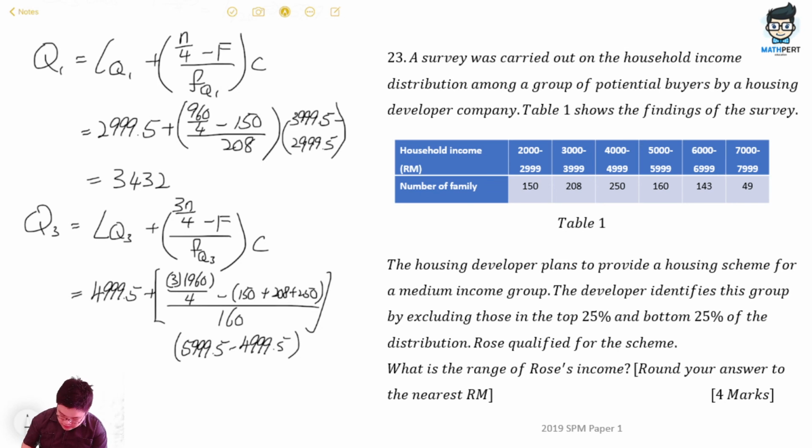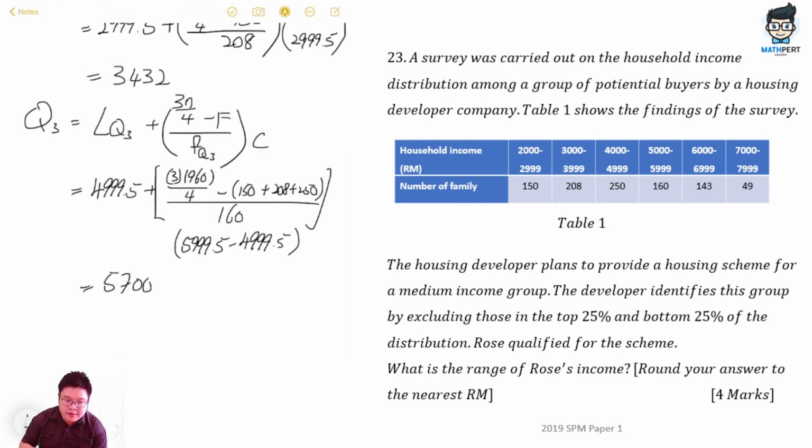And then our answer is 5700. So that means the gross income has to be between 3,432 and 5,700 in order for her to qualify for the scheme.